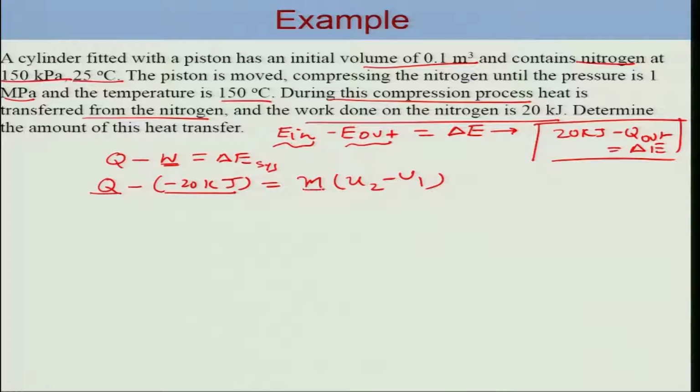So what about the mass? What is the mass here? We can calculate the mass here. m is simply PV by RT. We are assuming nitrogen to be an ideal gas.